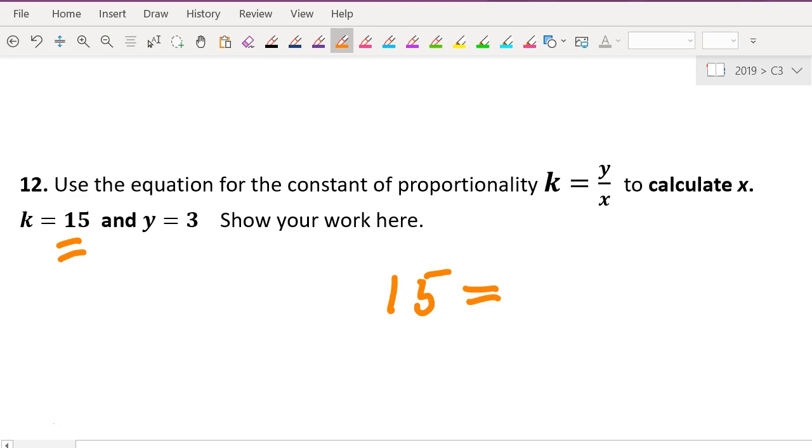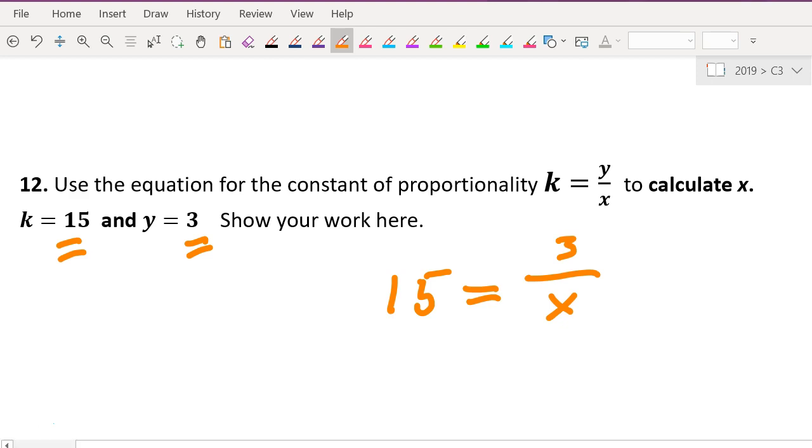We know y is 3, and we don't know what x is yet. So 3 divided by what is 15? They're tricking you. It's going to be a fraction.